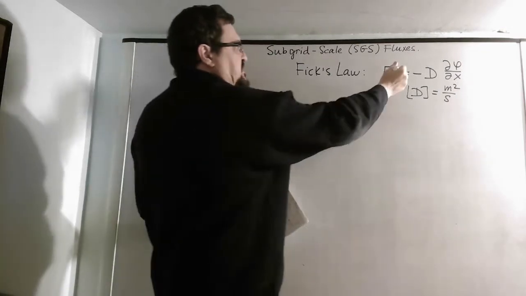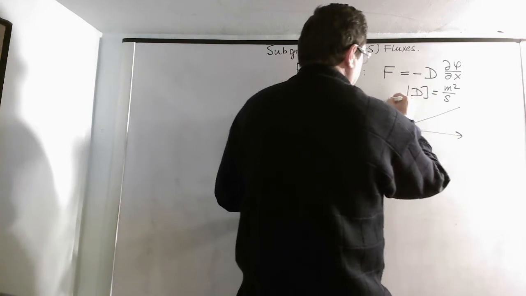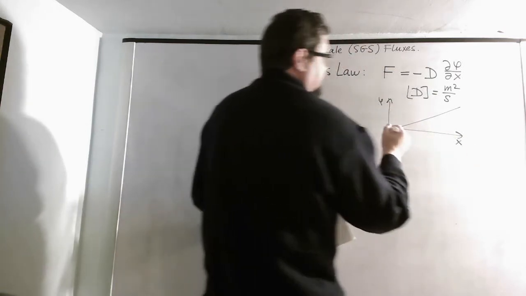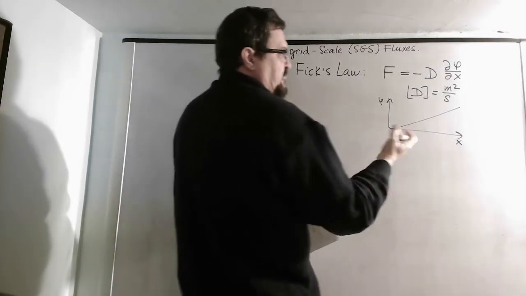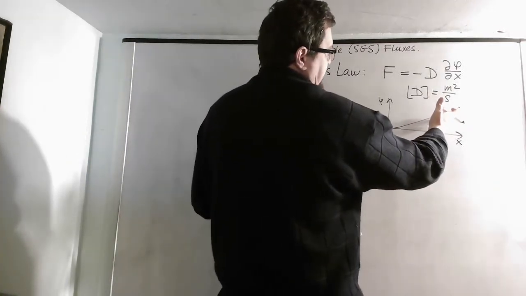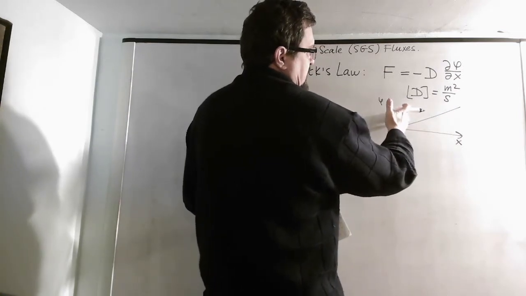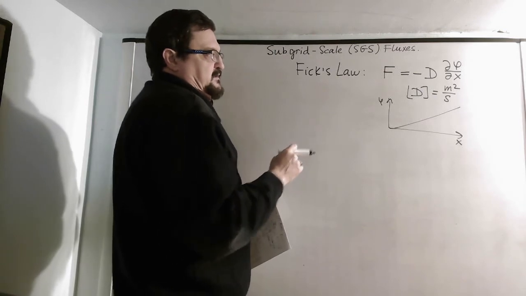And the minus sign is here because, if you have, say, phi versus x, such that phi is increasing with x, then of course we know from experience that diffusion should bring higher values to lower values of the quantity phi.